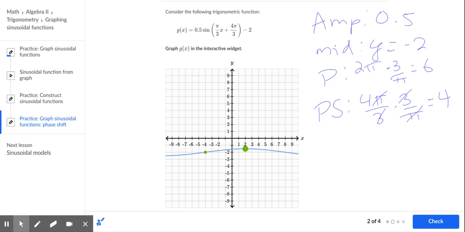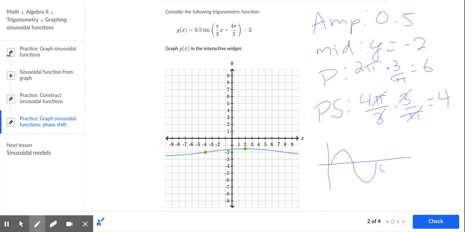So that's my amplitude, and then my period is 6. So again, from the starting point to the maximum, back to the midline, to the minimum, back to the midline is 1 period.